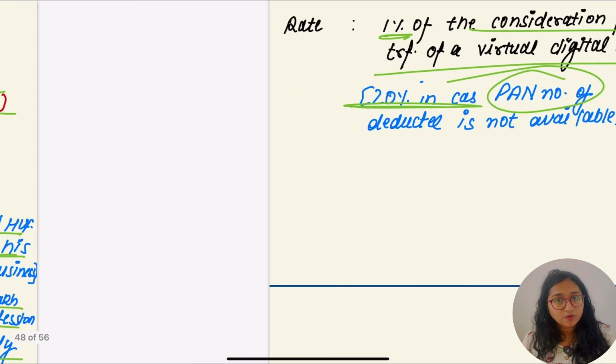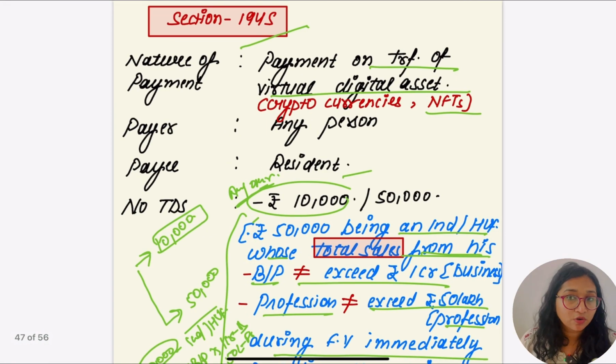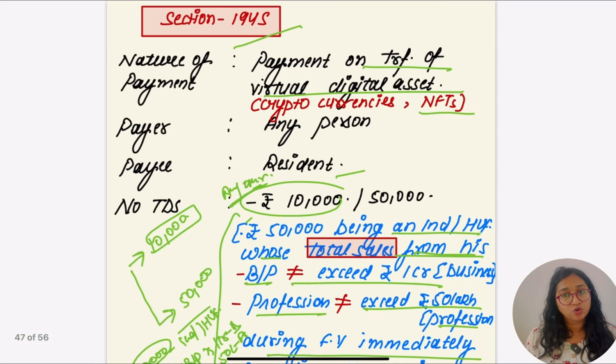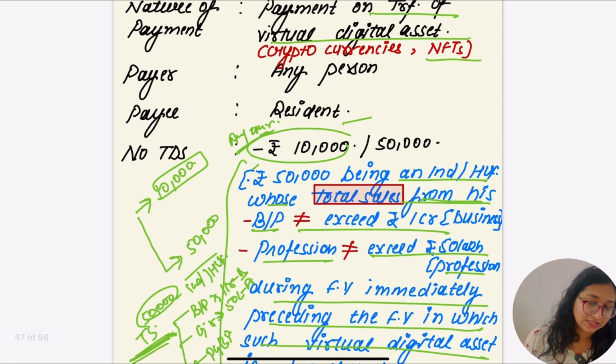This section is for payment on transfer of virtual digital asset, like the cryptocurrencies we are very familiar with, right? The rate is going to be 1% on consideration of transfer of that virtual asset. The payer is going to be any person, the payee is going to be a resident. The limit is 10,000, and 50,000 for that individual turnover, remember, and do not have any other income from PGBP head.